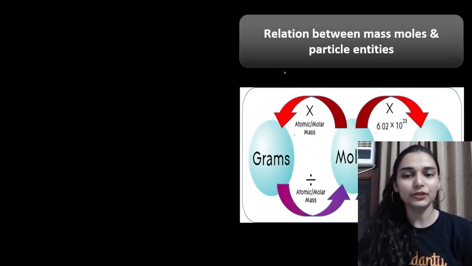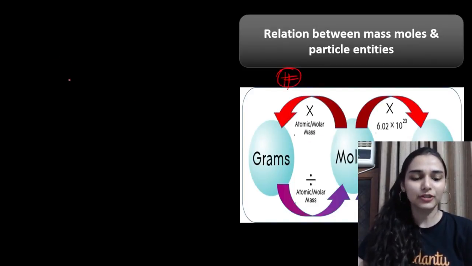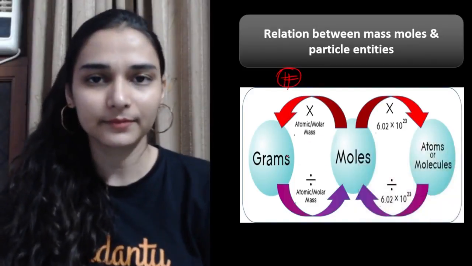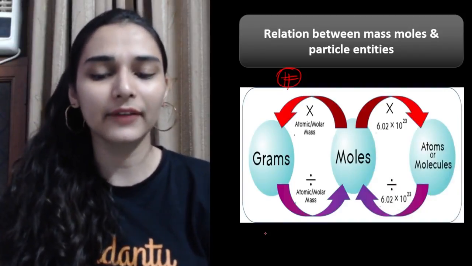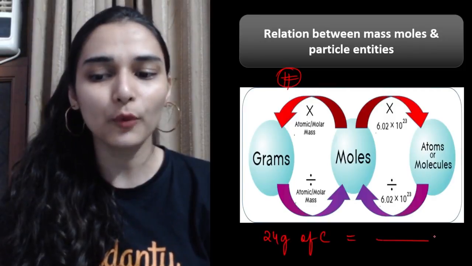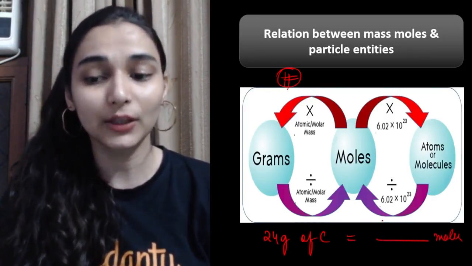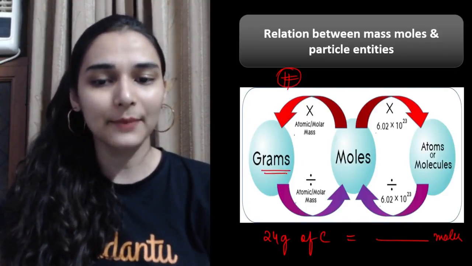If that was confusing for you, you can use this approach also. This is also easy. Say you are provided with grams. Let's say I am having 24 gram of carbon, it would be equal to how many moles? So the gram, the mass, is given to you.